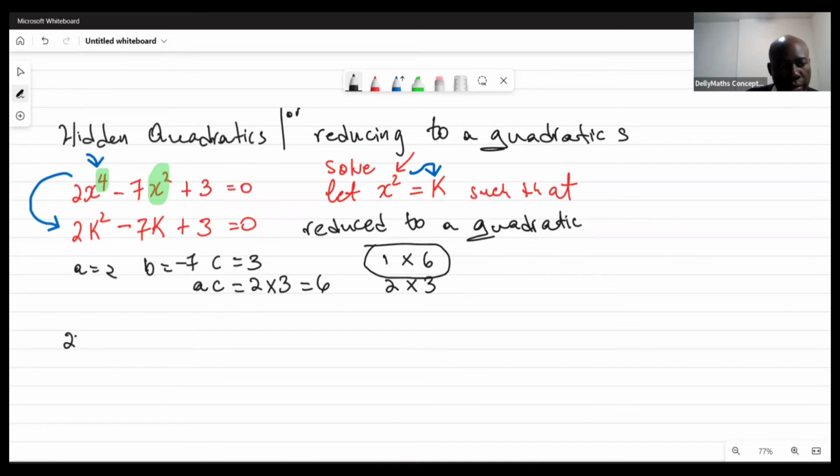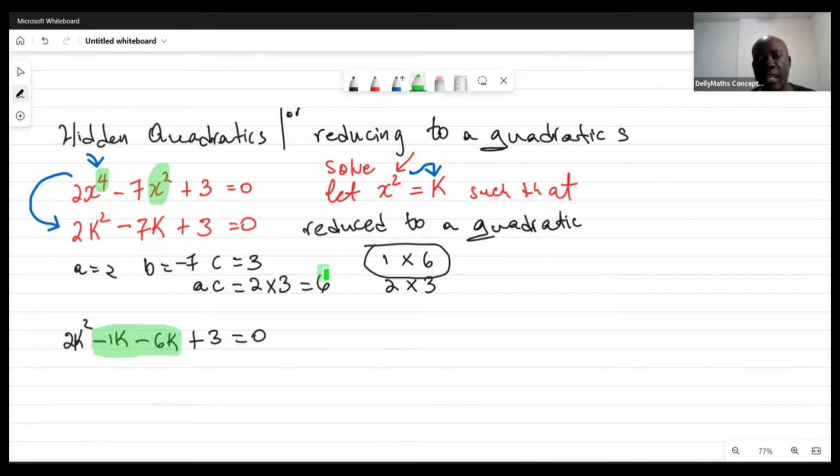So now we'll have 2k squared. This is going to be a negative k, or 1k if you want to say 1k, and then a minus 6k, and then this is a positive 3, and this is equal to 0. So you could see here that we use these numbers here to help us to get back the idea.